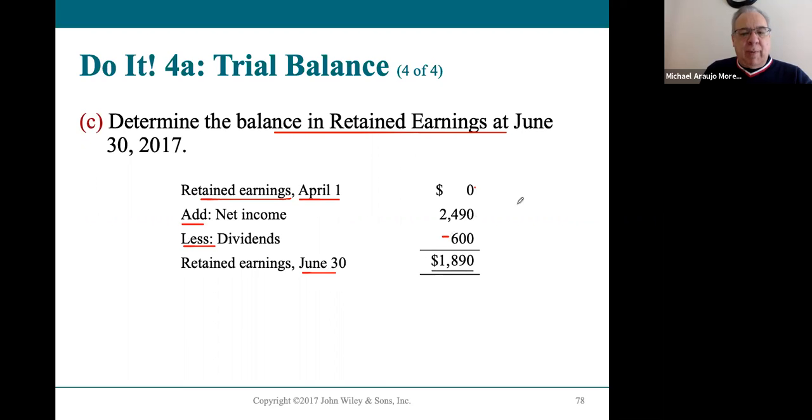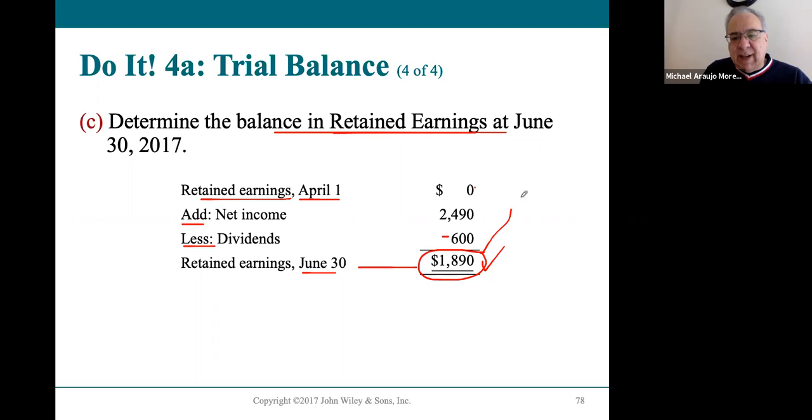So the next quarter, by the way, I think you kind of understand what that is. The next quarter will end, let's see, July, August, September, will end September 30th. In which case, the beginning retained earnings on the next retained earnings statement is the ending retained earnings from this statement.